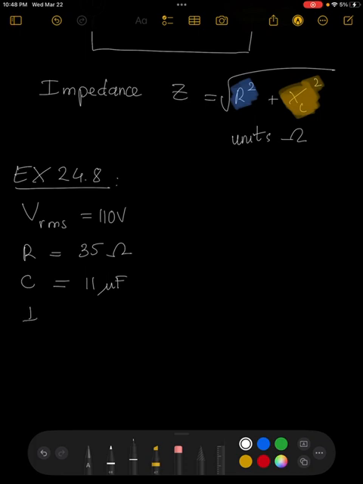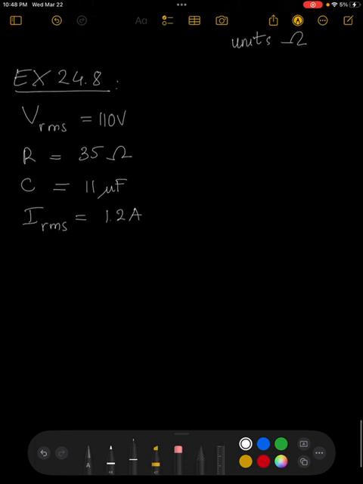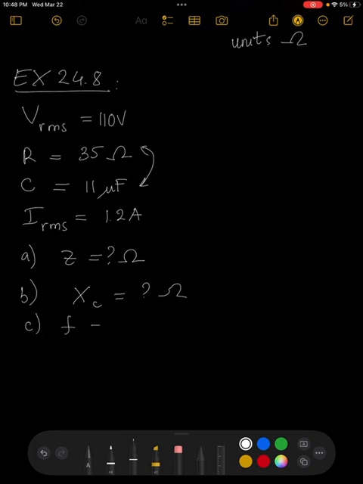The RMS current is 1.2 amps. Part A: what is the impedance, knowing that this impedance comes from both the resistor and the capacitor? Part B: what is the capacitive reactance of this circuit? Part C: what is the frequency of the generator?